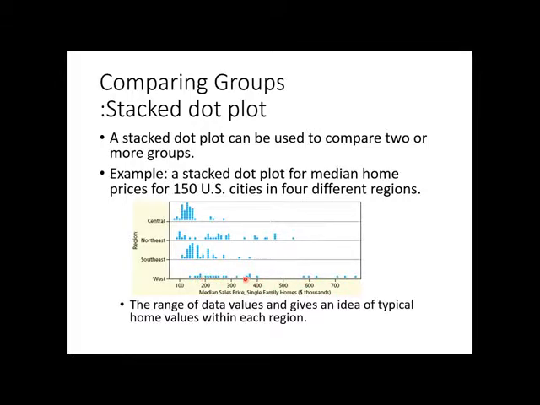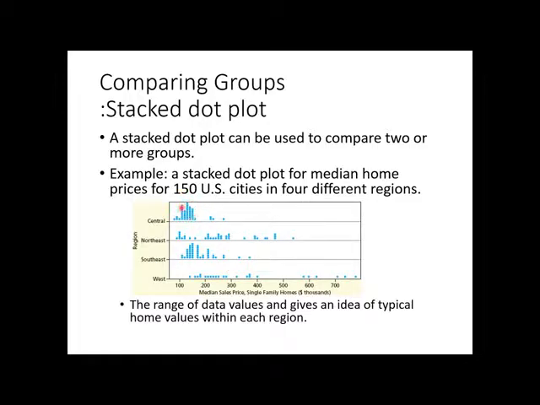So the West cities have this distribution. Look at this dot plot and compare these four dot plots in one figure. Then we can analyze the status of house prices based on the different locations.